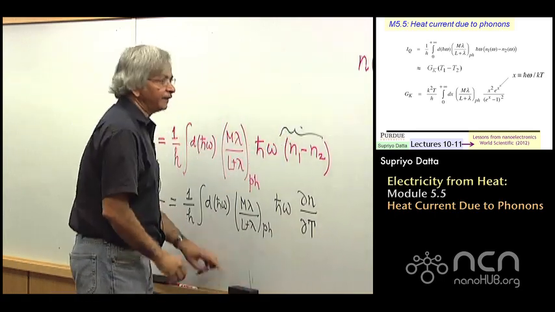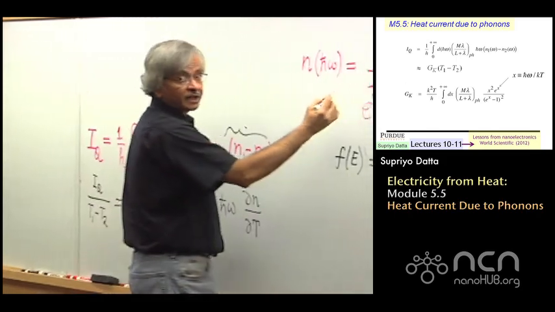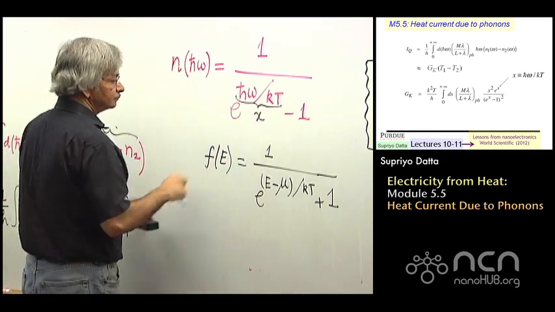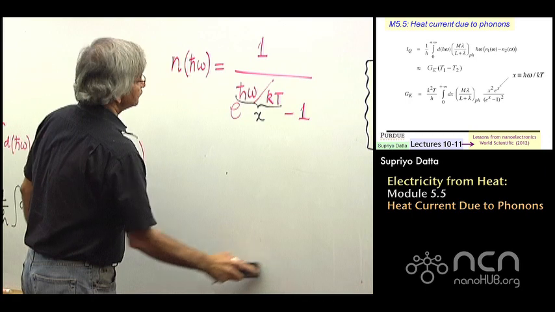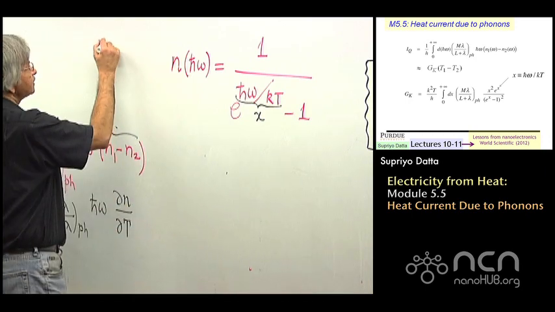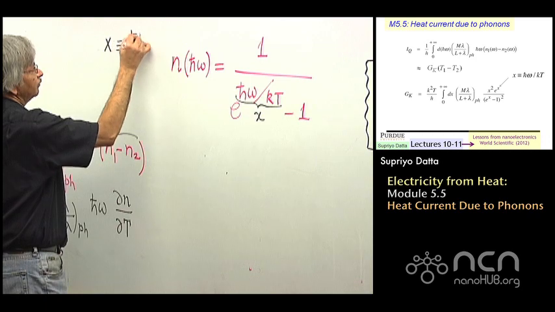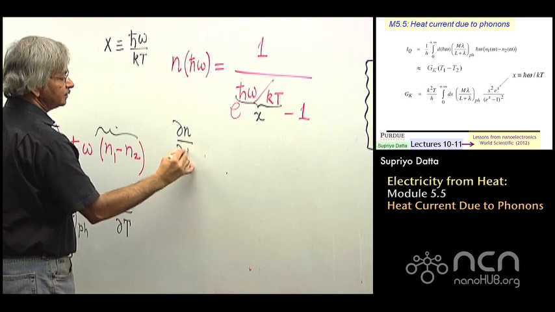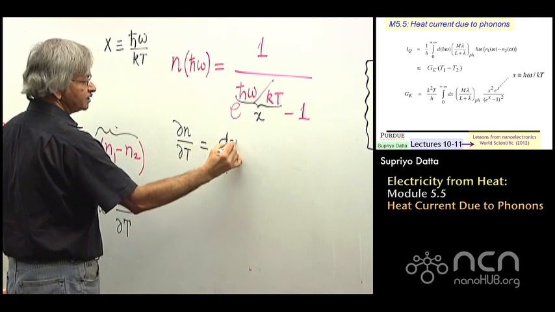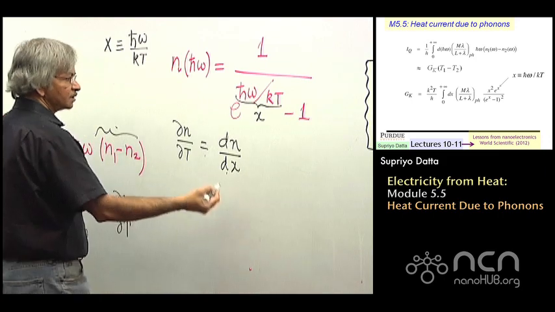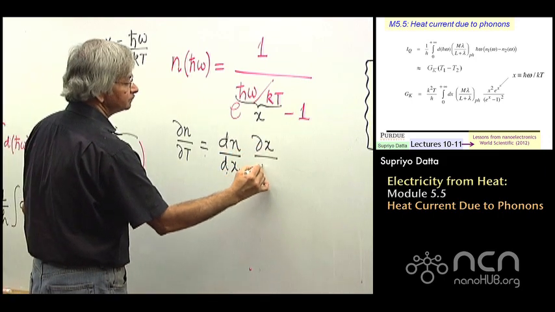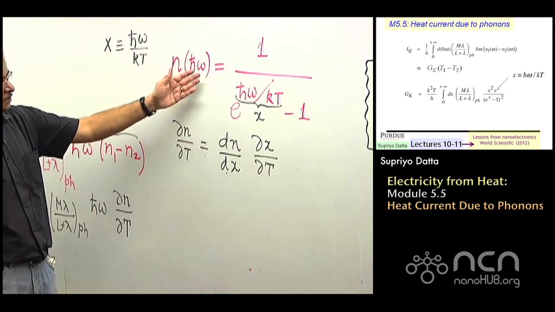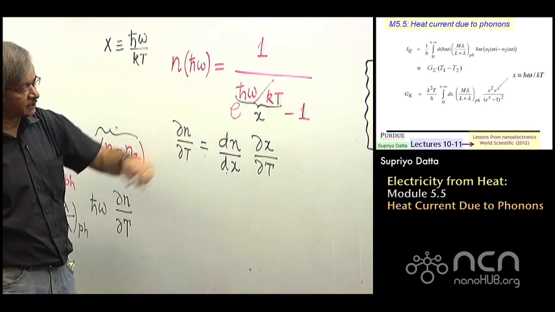Okay. So now if you look at our expression for n then, again like before, let us take this quantity and call it x. So we have an x, that's like h bar omega over kT. So when you want partial of n with respect to T, what you can write is dn/dx times the partial of x with respect to T. And dn/dx is this derivative of 1 over e to the power x minus 1.